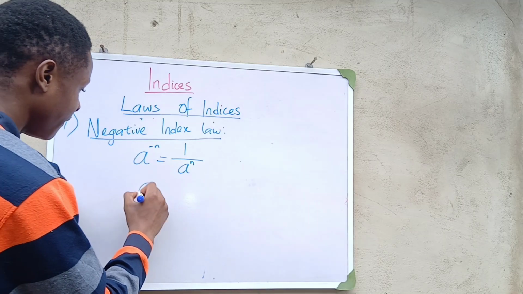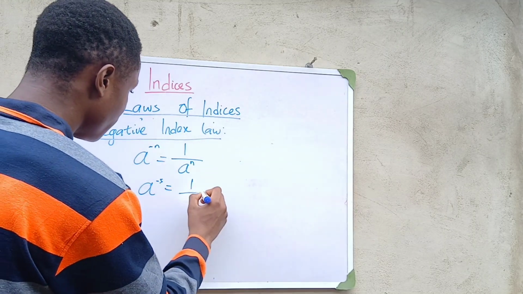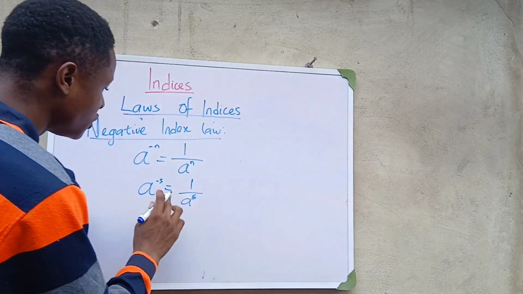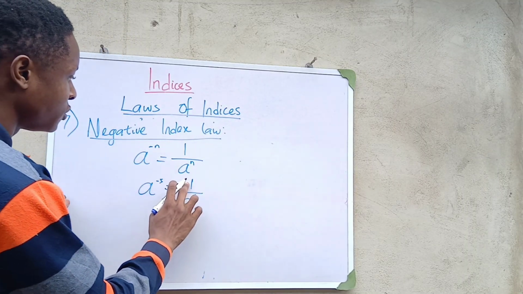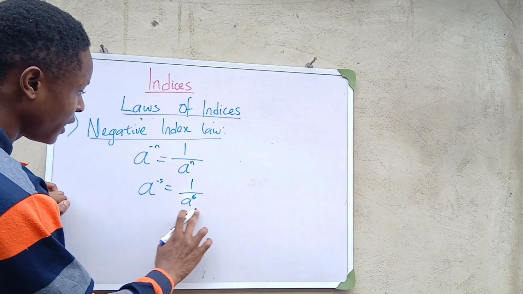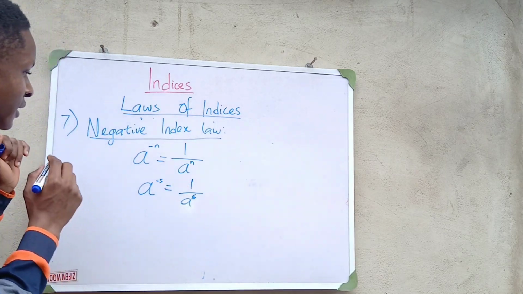So let's say we have a raised to power minus 5. Our value is going to be 1 over a raised to power 5. So it's just as if this minus has changed to the reciprocal, that's 1 over the base with the power. So that's what the negative index law is.